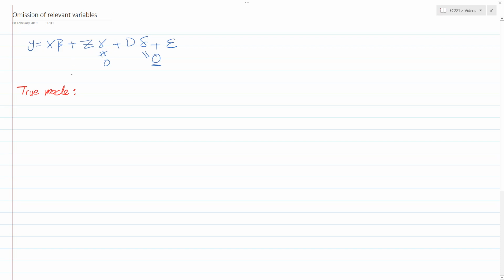So y is only decided by these regressors, and in the functional form provided in this equation. So the true value of y is this x beta plus z gamma, sorry, that's delta, gamma, plus epsilon.